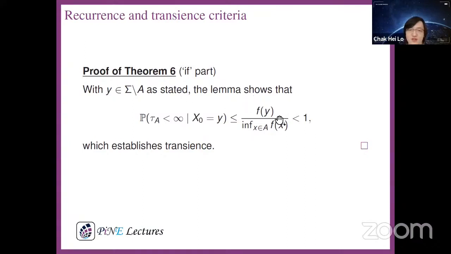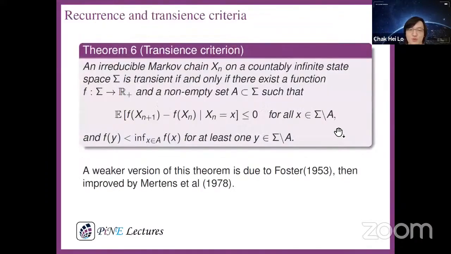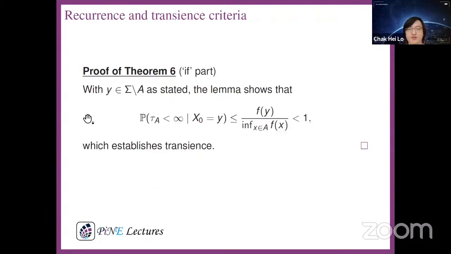This is just a proportion of this, so it is less than 1. This is essentially what we want. If we go back to the condition, this is what we want to achieve, and we already showed this. So we have proved the theorem, and this gives transience.